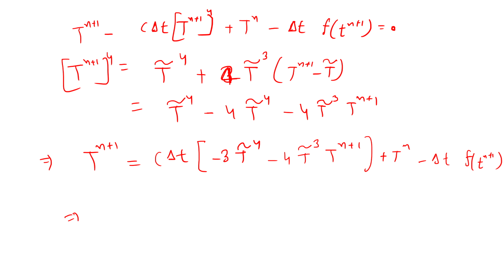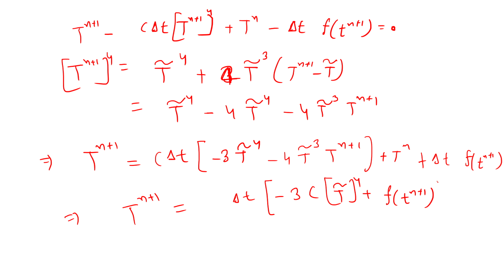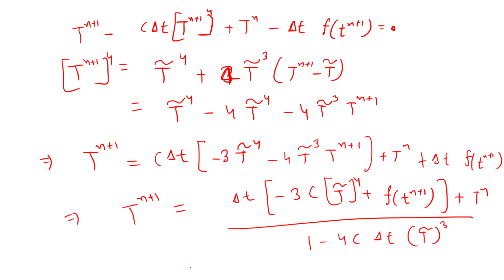That gives me an expression that T^(n+1) will be (delta t times (minus 3 c T tilde to the power 4 plus f(t^(n+1))) plus T^n) divided by (1 minus 4 c delta t T tilde to the power 3). So this is my iterative expression.